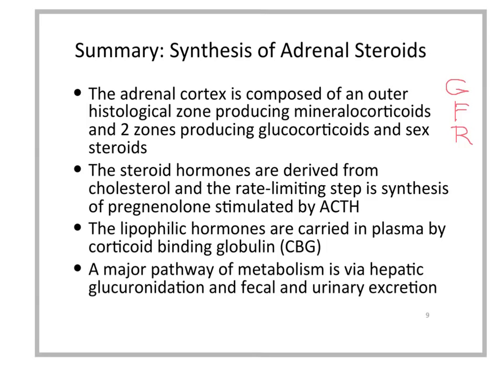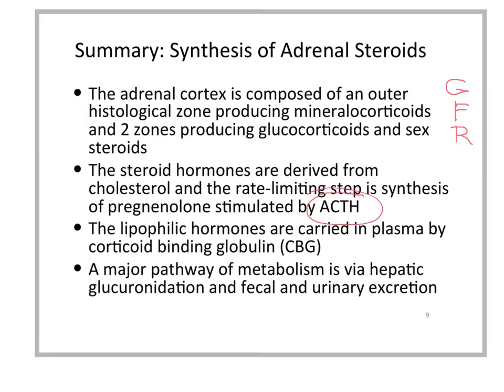The sex steroids are derived from cholesterol, and its conversion to pregnenolone is part of the rate-limiting step of synthesis. I'm not so worried that you understand the actual name of that enzyme, but that you understand that ACTH is absolutely crucial to this, driving this coordination from the anterior pituitary to the adrenal gland.